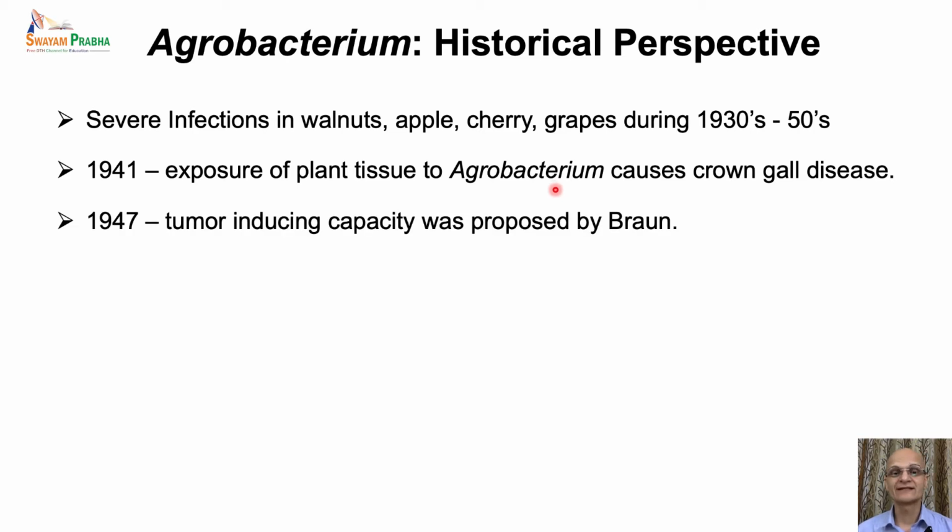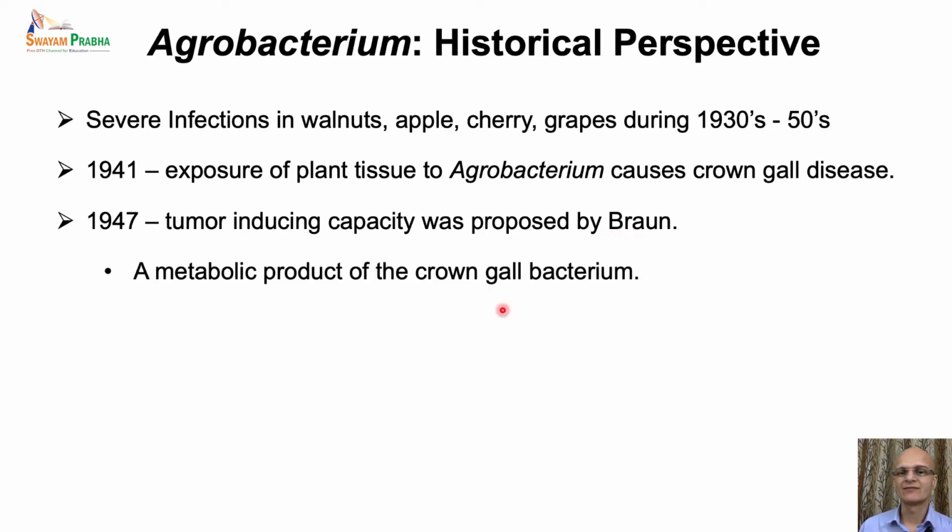Later in 1947, the tumor-inducing principle was proposed by Brown and colleagues. As per the tumor-inducing principle, it was proposed that the component that could possibly cause the crown gall disease may be, one, the metabolic product of the crown gall bacterium, that is Agrobacterium tumefaciens. So possibly Agrobacterium synthesizes some metabolite that could cause the crown galls.